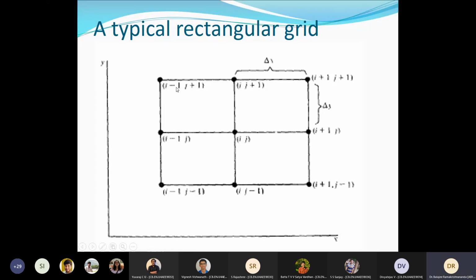Then the corner points: the bottom right corner is I plus 1, j minus 1, the top right is I plus 1, j plus 1, top left is I minus 1, j plus 1, and bottom left is I minus 1, j minus 1. So just have this firmly in your mind. Take a photograph of this picture in your mind and keep it. Whenever you want, you'll be able to imagine and use this.